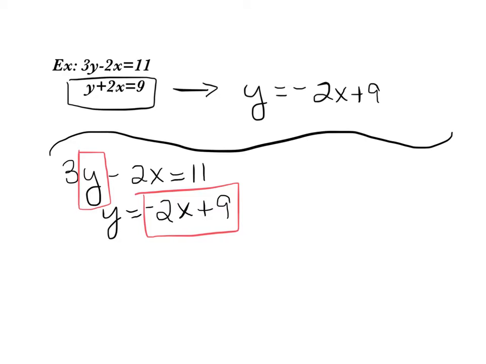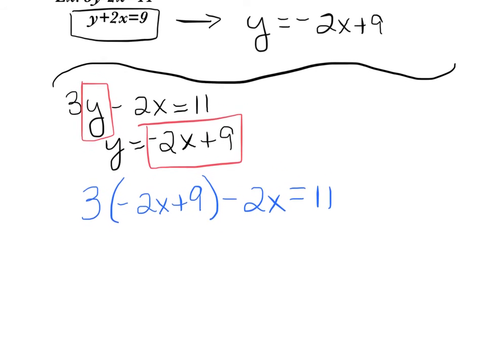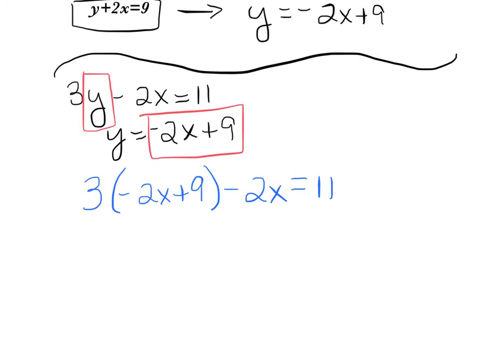So I'm going to rewrite my equations having done that. I'm going to put 3 parentheses negative 2x plus 9 minus 2x equals 11. So all I did was I took the first equation that I solved for y and plugged it in wherever I saw a y in that 3y minus 2x equals 11.